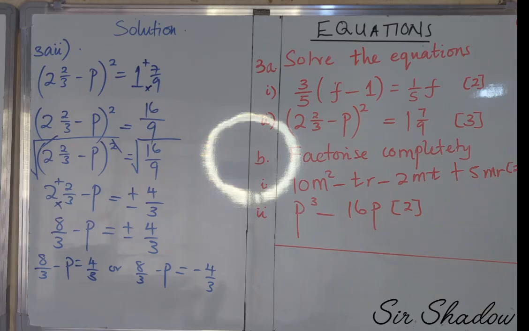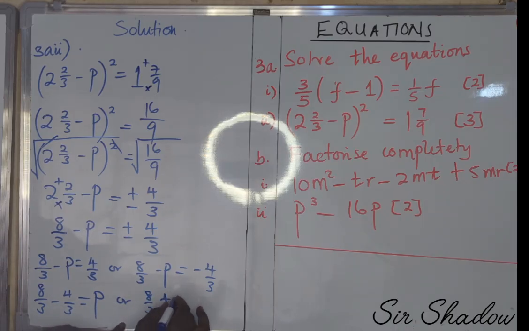Since we want to find the value of p, we can take this to the right hand side and this one to the left hand side. So now we have 8 over 3 minus 4 over 3 equals p, or 8 over 3 plus 4 over 3 equals p.